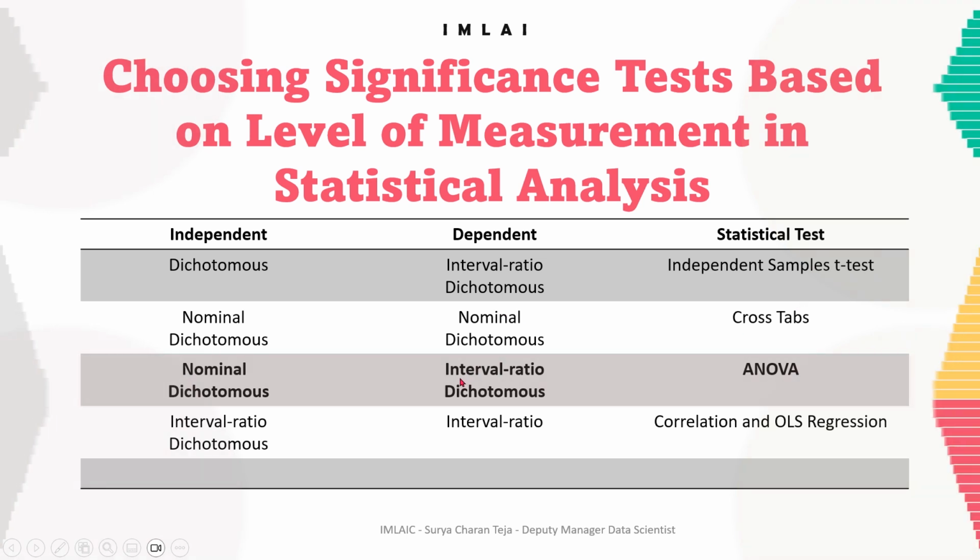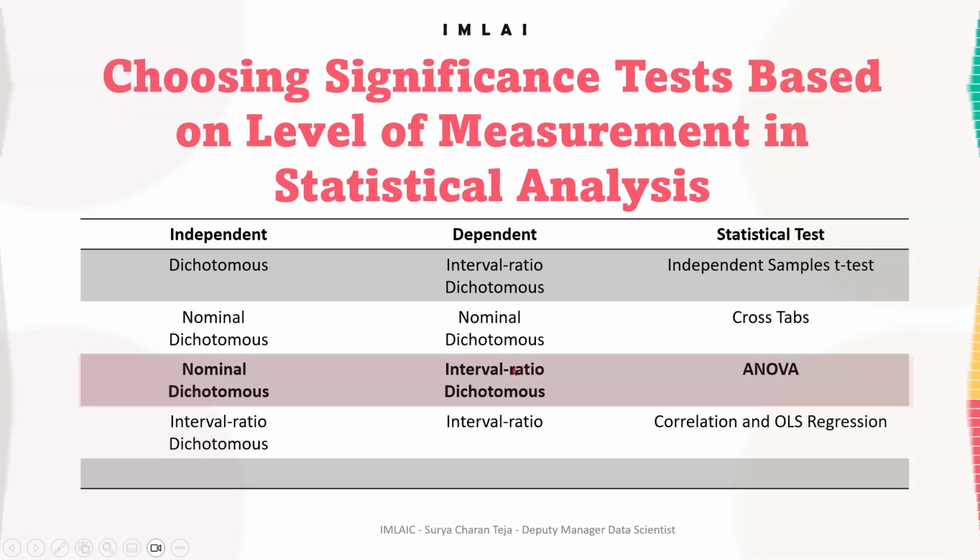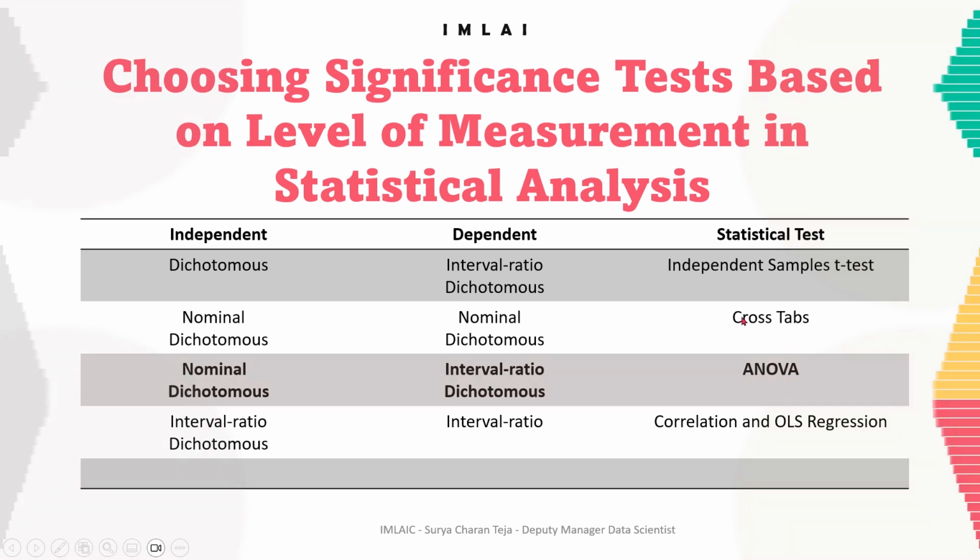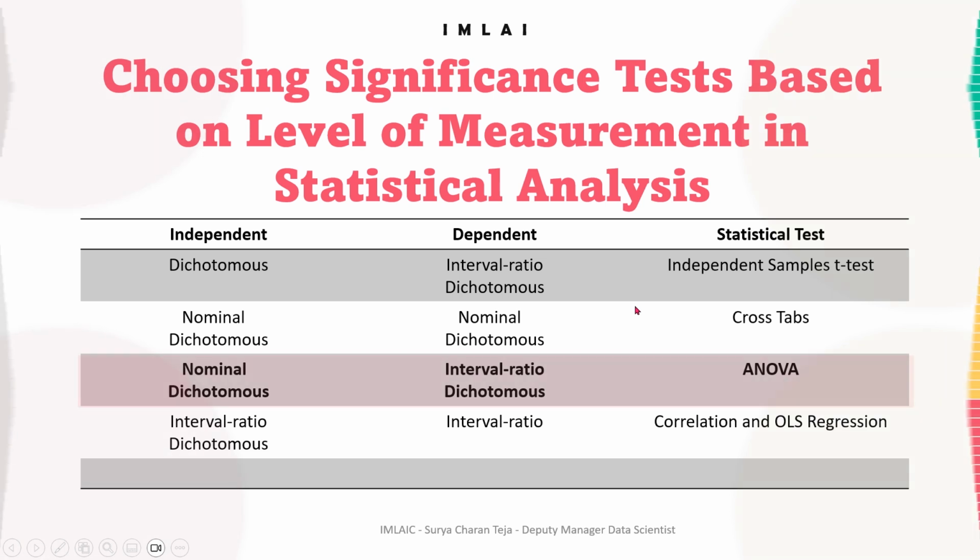If your dependent variable is interval, ratio or dichotomous, and the independent variable is nominal or dichotomous, in these cases you can use ANOVA. And finally, if your variables are completely numeric, interval or ratio, then you can go for correlation and regression. Anyway, now we will be looking into ANOVA, analysis of variance, very important when it comes to data science as well as statistical analysis.